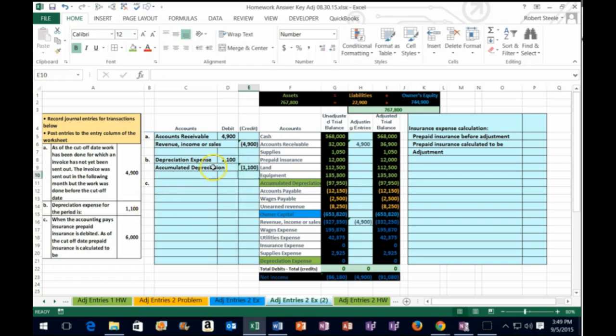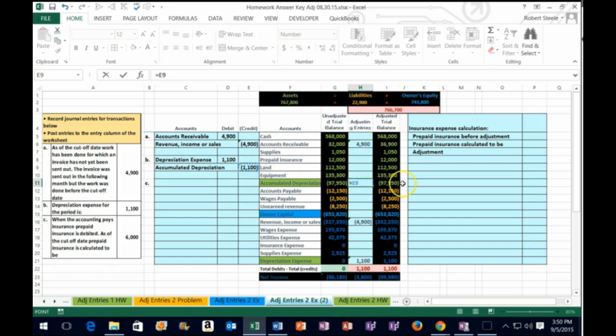And then if we post that out, we can go to depreciation expense down here in cell H21, equals, and point to the debit. That's a debit balance account. The debits go up, puts us out of balance, brings net income down. Then we'll go to the accumulated depreciation in H11 and say that equals the credit.